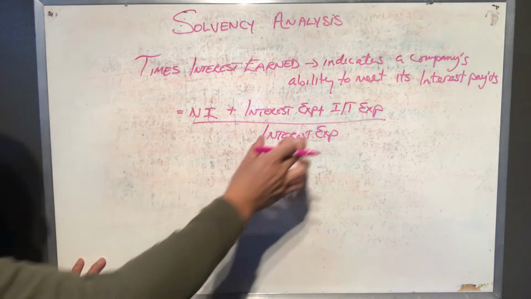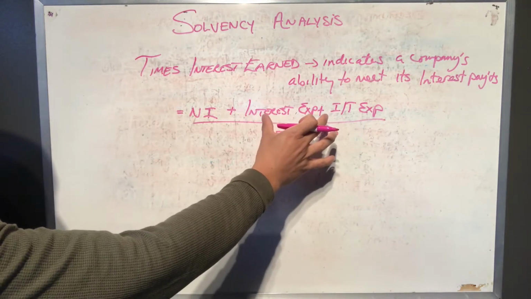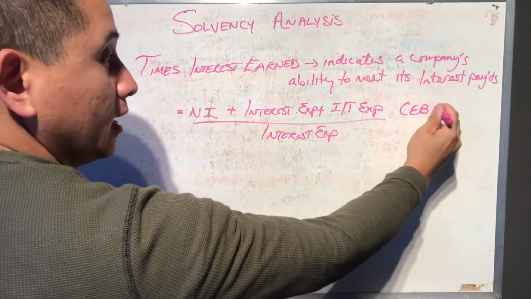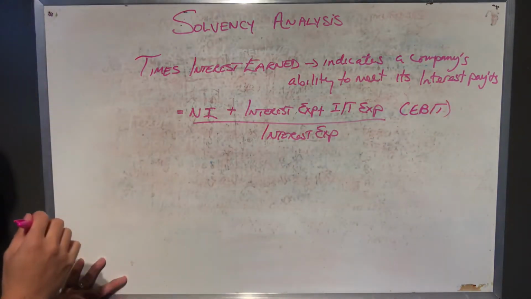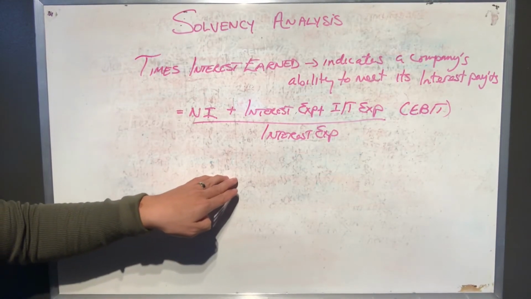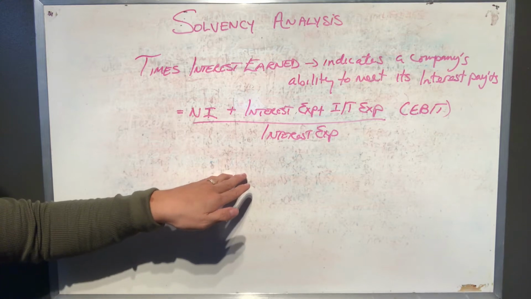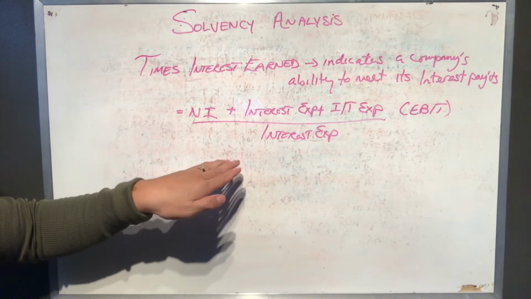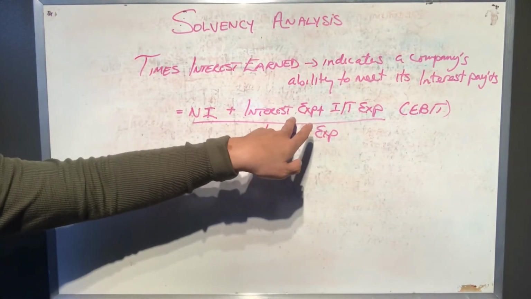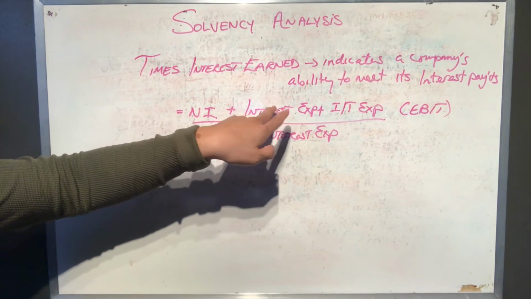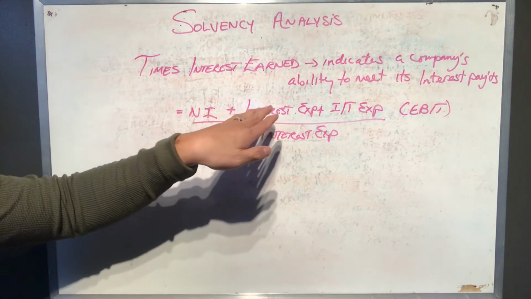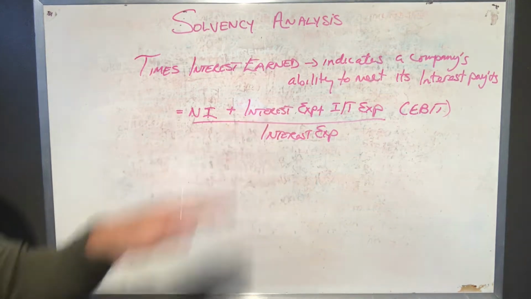This is also called earnings before interest and taxes, so the short form would be EBIT. Okay. Now, the greater the interest coverage, the better it is as far as lenders are concerned. Interest expense and income tax expense are added back to net income because interest is a deduction in arriving at the amount of income subject to taxes.